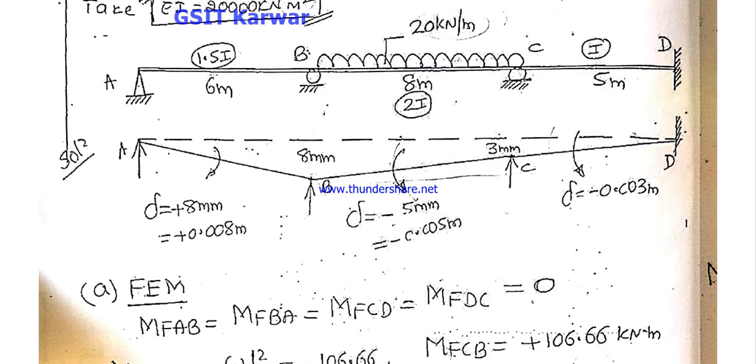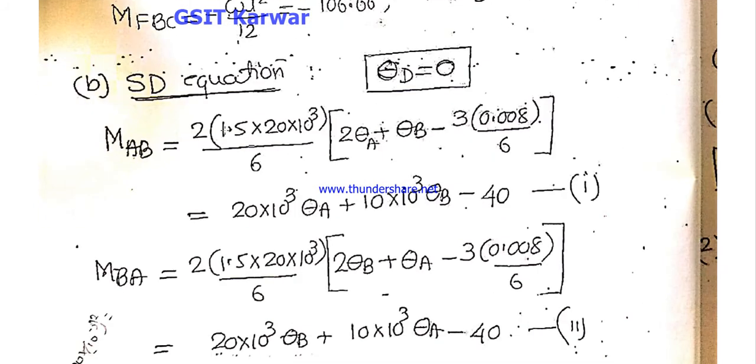That means on the span AB, the I value is given as 1.5 times, so that is the reason I multiplied 1.5 into the EI value, 20 into 10 raised to 3. And the remaining delta value is 0.008. Substitute the values and simplify this equation, and then you are getting equation number 1.